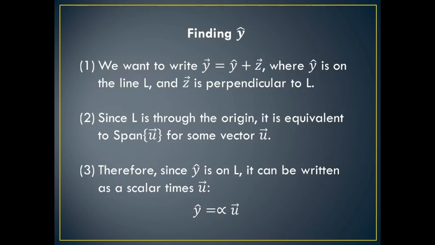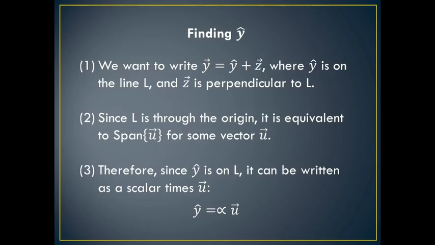Okay, let's talk about finding y hat, or your orthogonal projection. I broke it down into 6 steps. First of all, we want to write y, our original vector, our given vector, as y hat plus z, where y hat is on the line and z is perpendicular to the line. Y hat is called the orthogonal projection.